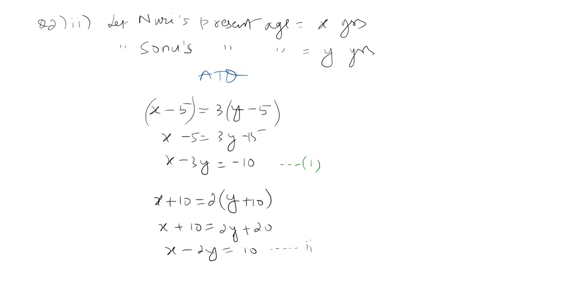So the first and second linear equations we got. Now what do you do? You have to solve them by the elimination method, get the values of X and Y, and the final answer.